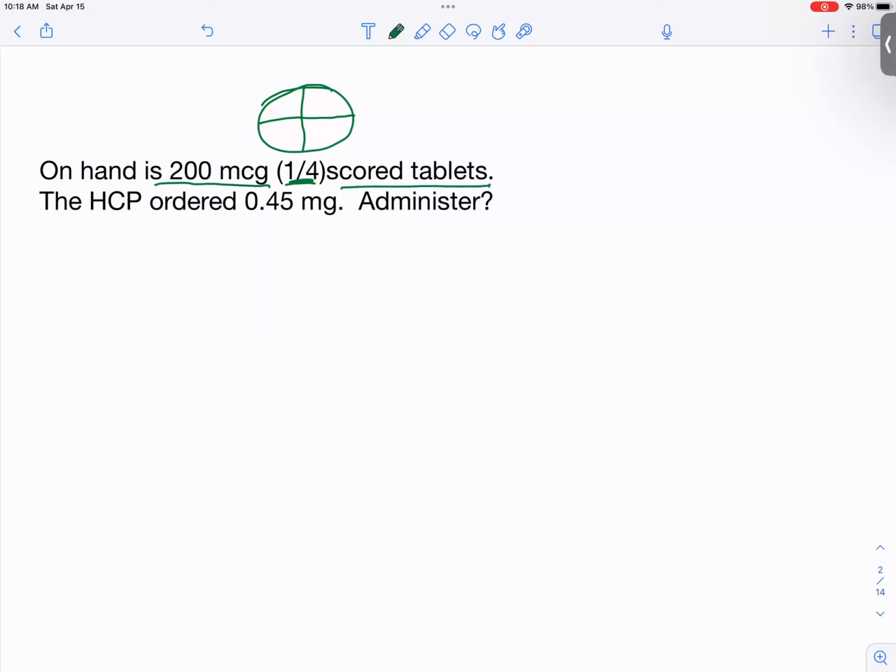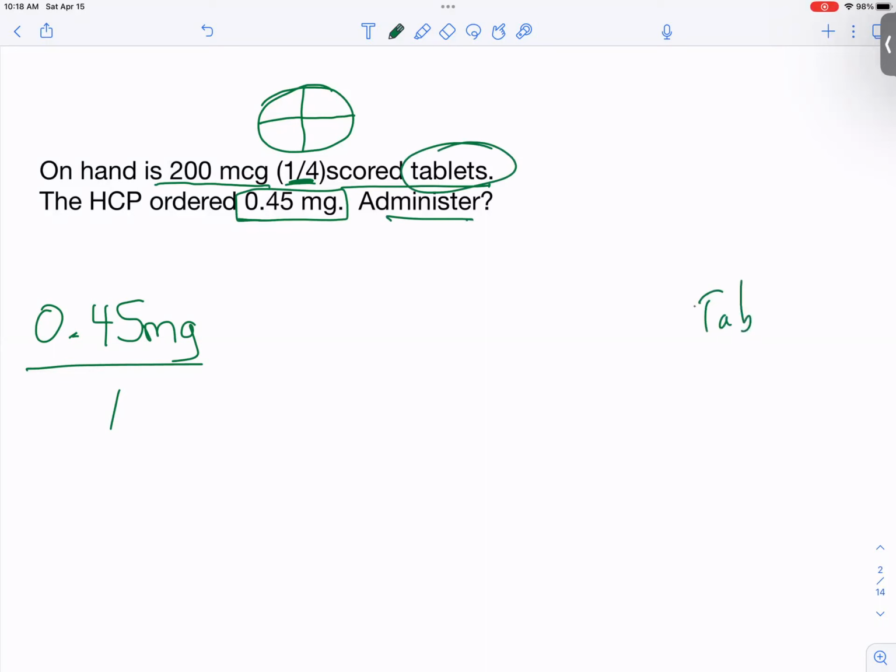Pharmacy delivered me. That's what I have available on hand. All right. But the healthcare provider ordered 0.45 milligrams. That's my given. That's what the doctor ordered. What am I going to give? Well, it only comes in a tablet. That's what I'm going to give. I can't give anything else.